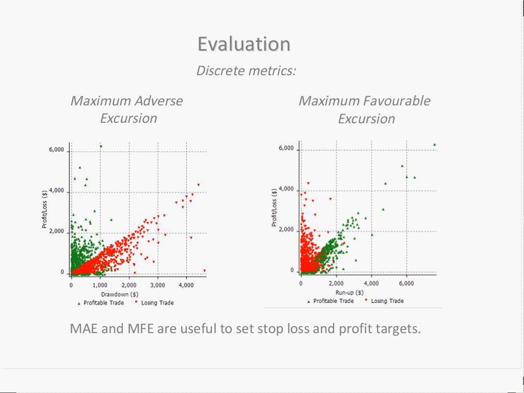On the x-axis is the drawdown that has been experienced inside the trade. On the y-axis is the final loss. So for this trade, we had the maximum drawdown inside during this trade, versus the final loss.